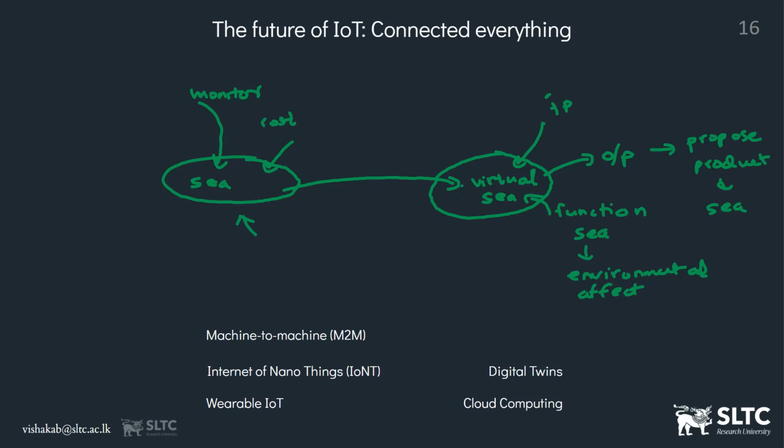Currently, even in Sri Lanka, digital twin development is done in some industries. We have such companies already, like Orel, which is very near here, who are developing the digital twin concept for their industrial environments. They create a digital twin of the industrial environment and use it to check the performance of their production.